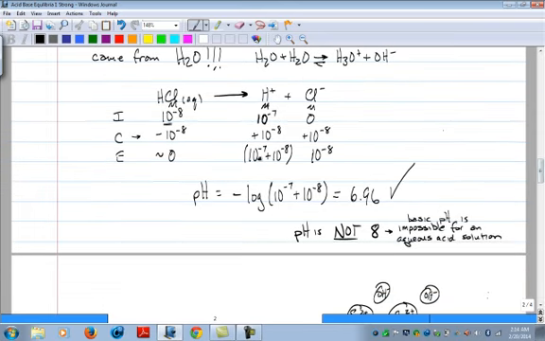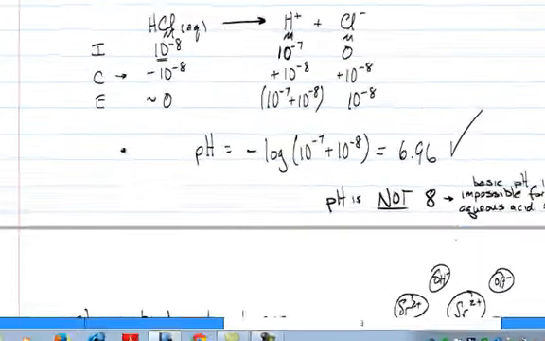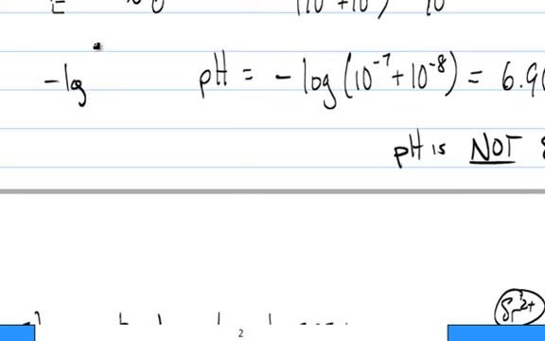Now we have, at equilibrium, 10 to the minus 7 plus 10 to the minus 8 molar, which if you wrote that out, that would be quite a lot of zeros, so I'll just leave it like that. And the chloride is 10 to the minus 8 molar. To get the pH, you take the negative log of the H plus concentration at equilibrium, and that's by definition the pH, so the negative log of that sum is 6.96.